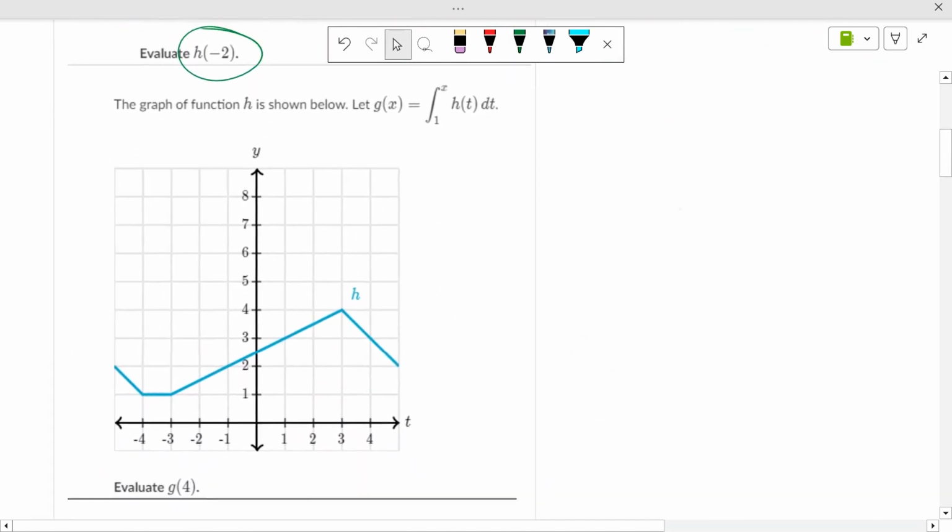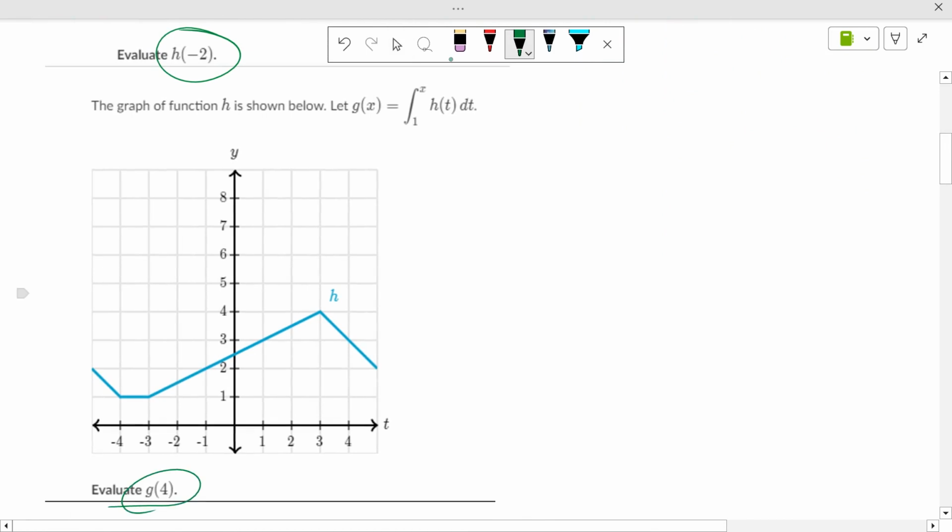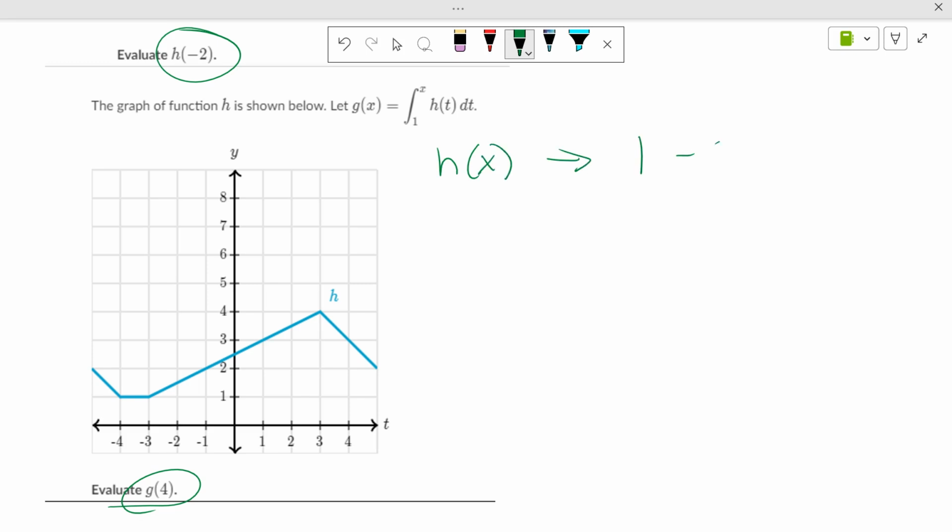For this one, it wants us to evaluate g of 4. So it says h of x, we want to find from 1 to 4. What is the area under the curve from 1 to 4? Well, I split this into two separate trapezoids, because it makes perfect trapezoids.